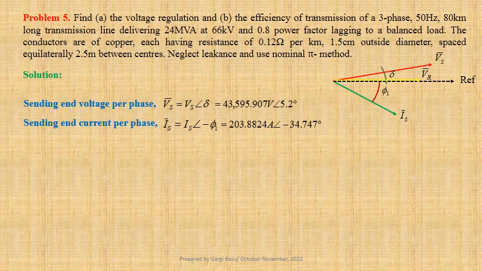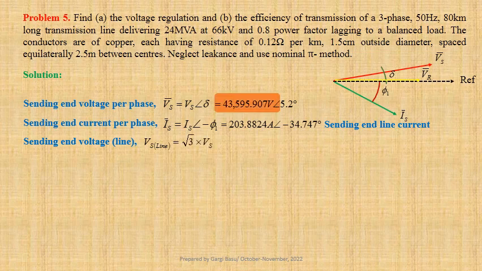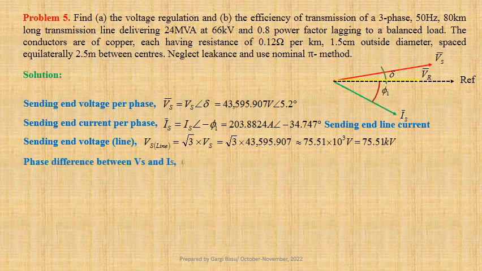For star connected system, sending end current per phase equals sending end line current, and line to line sending end voltage Vs line equals root 3 times Vs, that is equal to root 3 into 43,595.907, which is approximately equal to 75.51 into 10 to the power 3 volts or 75.51 kilovolt.